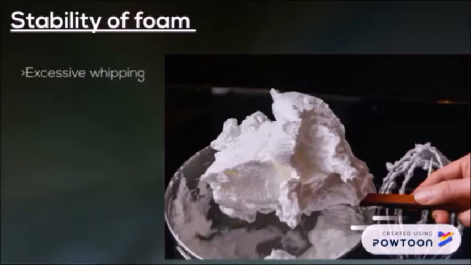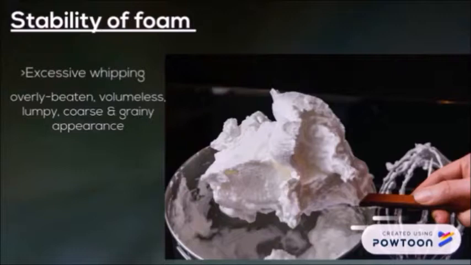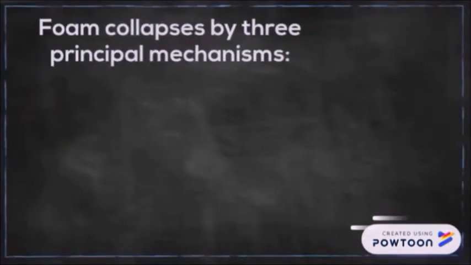This instability of foam depends on the decrease in the bubble elasticity. It results from excessive insolubilization of proteins at the air albumin interface. When the egg white foam is unstable or has been overly beaten, it will produce a volumeless, lumpy, coarse and grainy appearance.